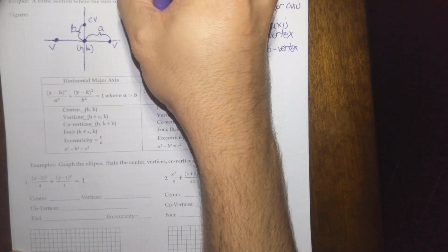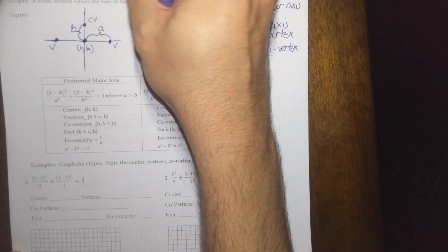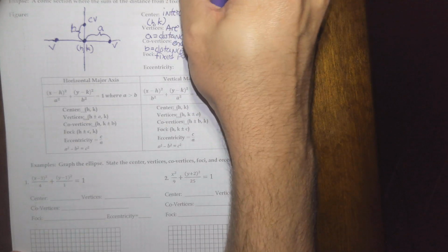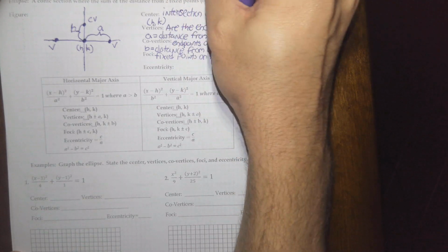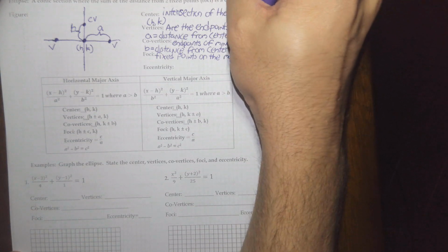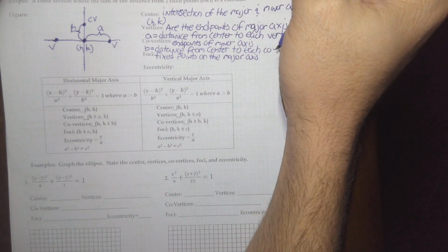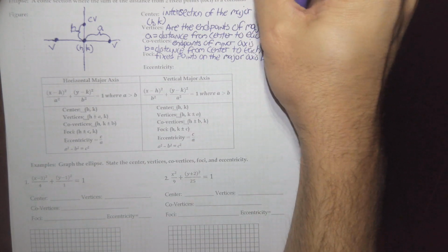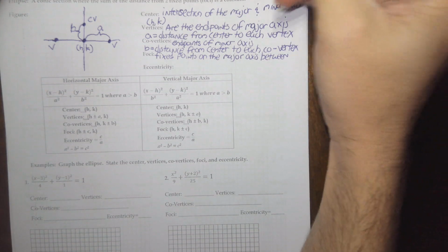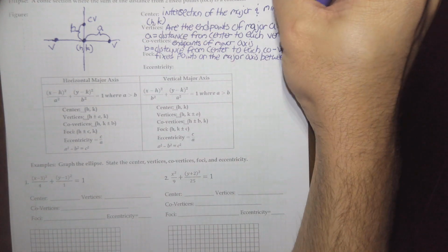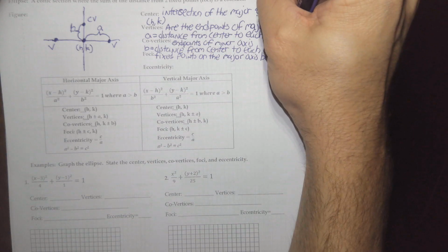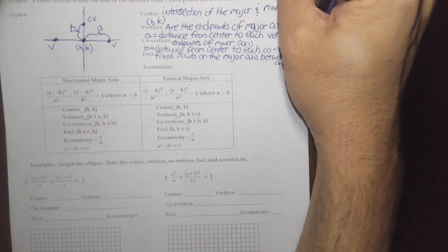Okay, so what we call foci are fixed points on the major axis between the center and vertex.